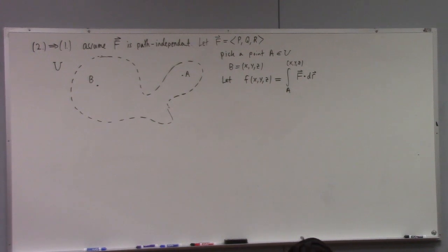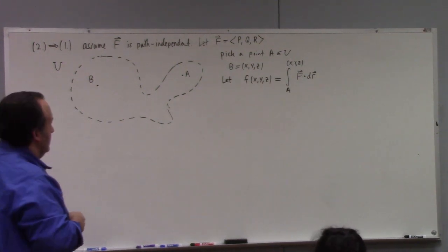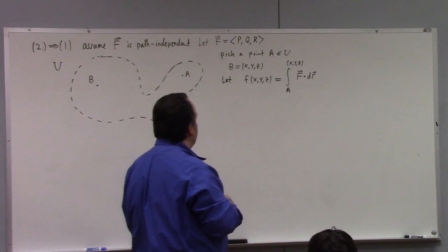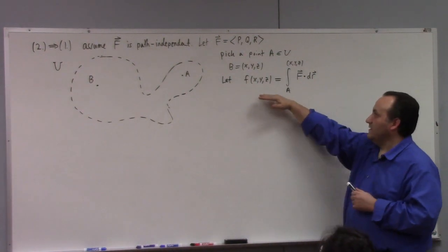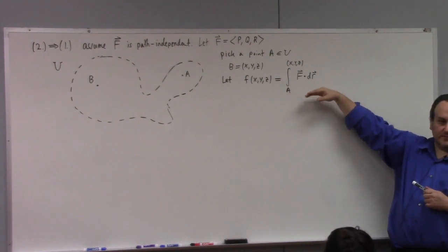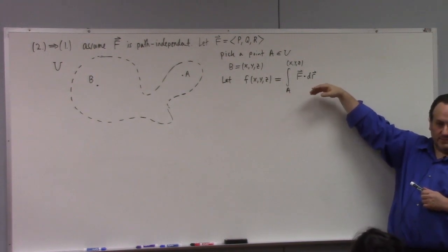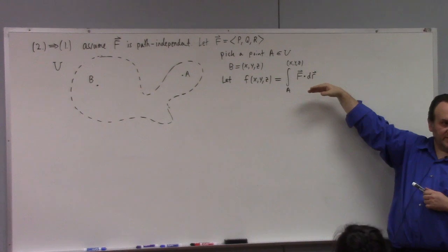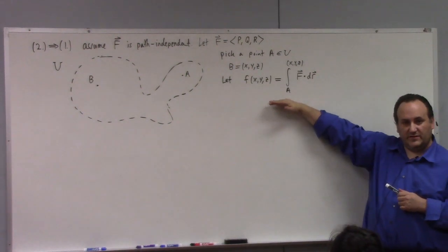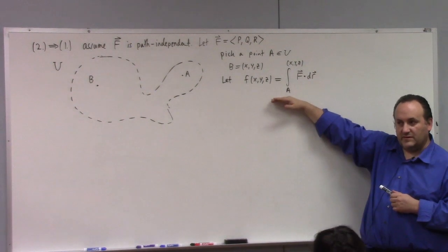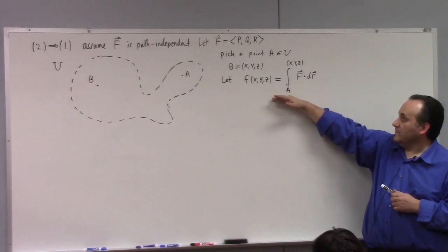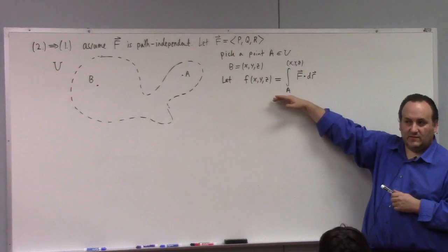And so we're going to begin by isolating the x component. Our first goal is to show that the partial derivative of f with respect to x is equal to P, right? If this is a legitimate potential, the gradient of this has got to give me back my force. So I need to show the partial derivative of this with respect to x is P.